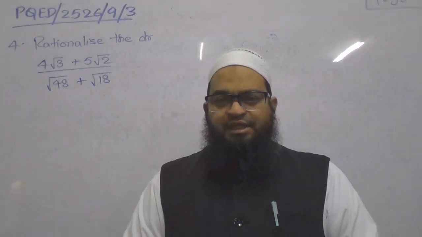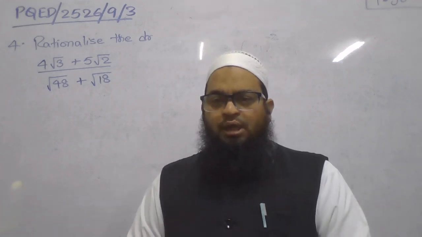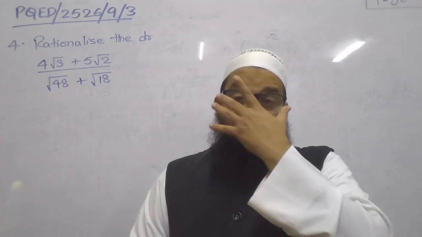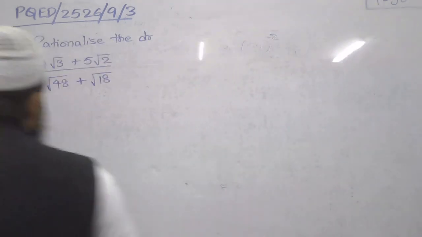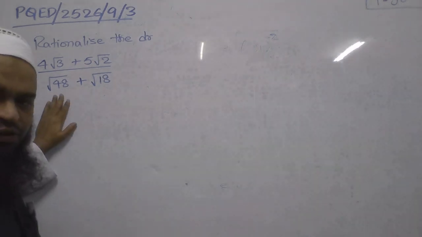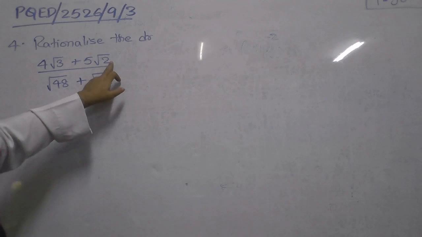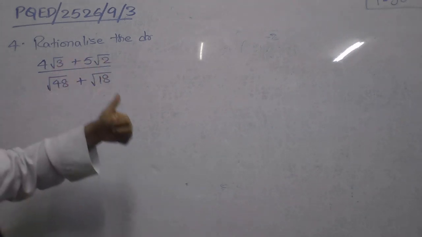Now, the fourth question is: rationalize the denominator. (4 root 3 plus 5 root 2) divided by (root 48 plus root 18). Students, whenever you have roots, just check. In the previous question, I discussed that you check whether the number under the root is a prime number or not. 3 is a prime number, 2 is a prime number, that's fine.